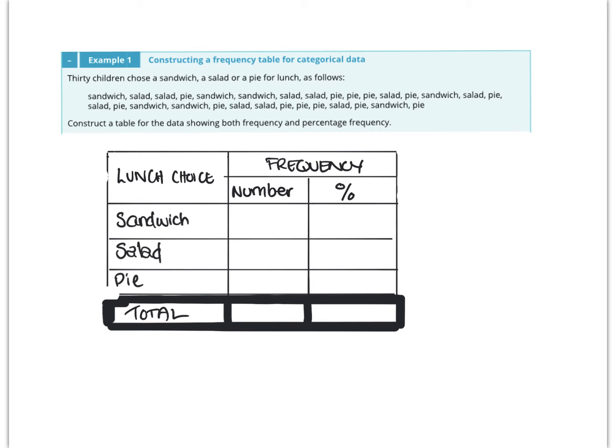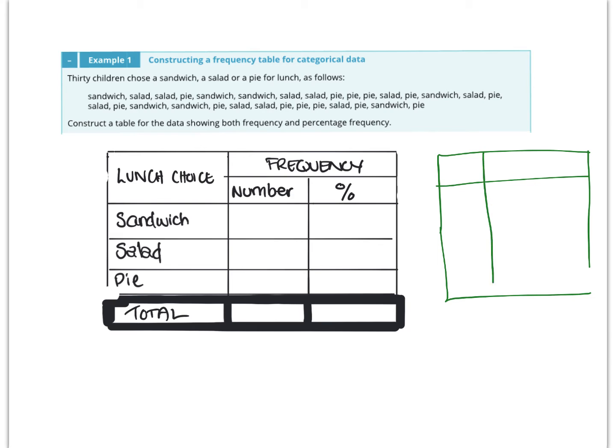So here we've got a set of data. 30 children chose a sandwich, a salad, or a pie for lunch as follows. What we're going to do is set up a frequency table. Sometimes they have another column where they say the tally, and then the number, and then the percentage.